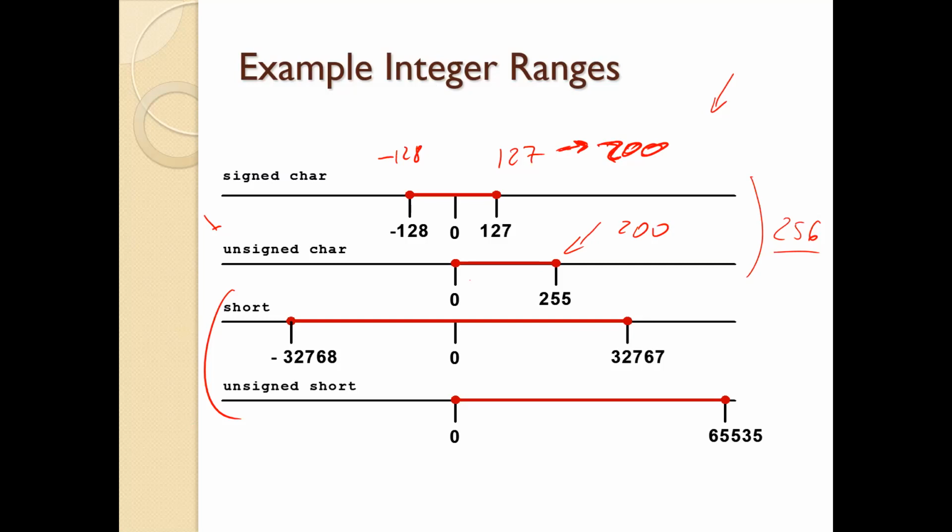Turns out it doesn't. Really what happens is these kind of roll over. That 200 is going to end up being the difference here, which is, let's say, like 73. So this might end up being 128 minus 73, and wherever that hits, that's going to be the value that gets represented. So you wanted a positive 200, you ended up with a negative number.